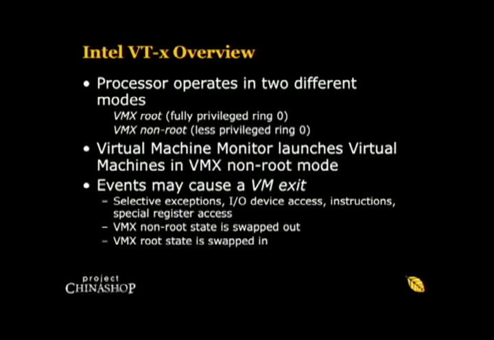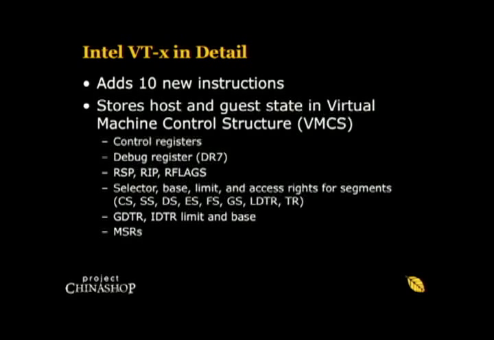When I was reading the spec and saw that device access went straight through, I was like, ooh, this will make a hypervisor rootkit very easy, because I don't have to know or care about devices, and I just let the OS keep doing its thing. Whenever a VM exit happens, the VMX non-root state is swapped out, and the VMX root state is swapped in, much like the cube transition that Keynote does.